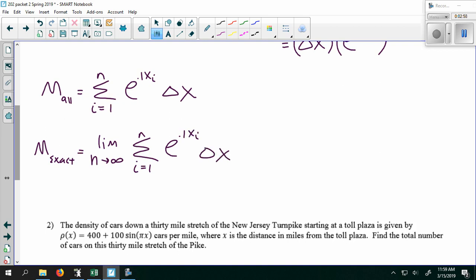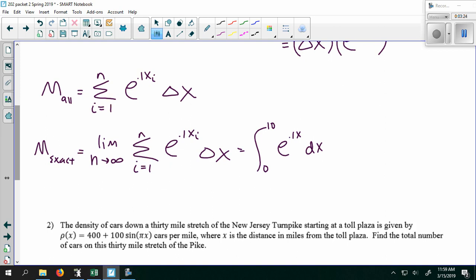And that is the definition of an integral. That's a limit of a Riemann sum. So this becomes the integral of e to the 0.1 x dx. And my bounds of integration are going to be 0 to 10 because I'm starting at 0 and the length of the wire is 10. So I'm adding up these teeny, teeny, tiny slices starting at a location of 0 and ending at a location of 10.